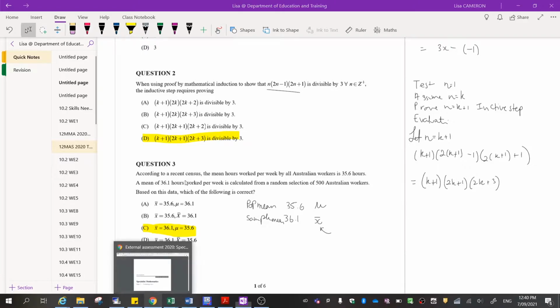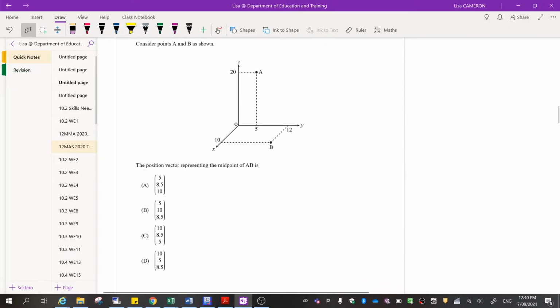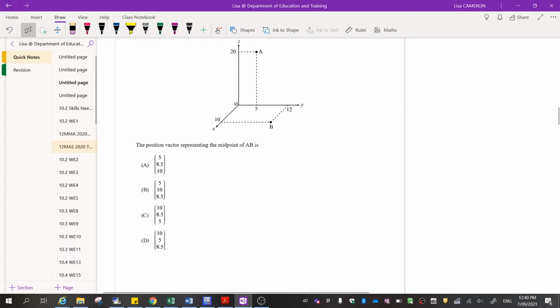Okay, so let's go down. Question 4. Consider points A and B as shown. Okay, so first thing I'm going to do for this question is I'm going to set it out in form of what it is. So I'm going to have A, with X, Y, Z going like this, and B, X, Y, Z going along the bottom.